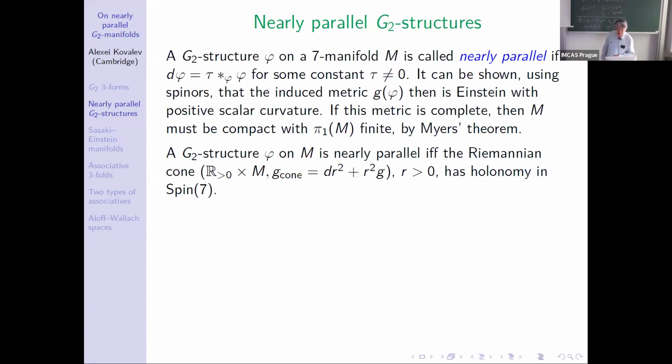So the fact that we obtain a Spin 7 structure on the Riemannian cone on this nearly parallel G2 manifold is not too surprising, but it turns out that if the nearly parallel equation is satisfied, then the Spin 7 structure on the 8 manifold is torsion free, and particularly the form phi, pointwise modeled on phi naught, is parallel with respect to this metric on the cone.